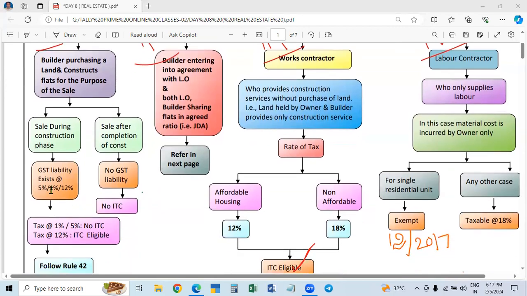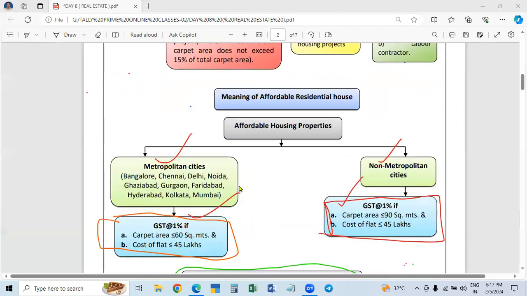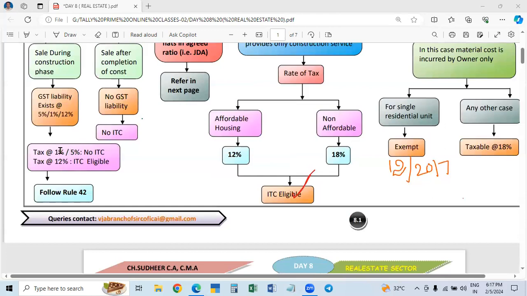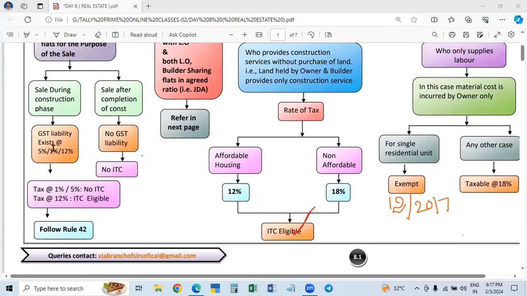The rate is 5%, 1%, 12%. We already completed affordable and non-affordable residential houses. For affordable, it is 1%, non-affordable, it is 5%. For commercial, it is 12%.